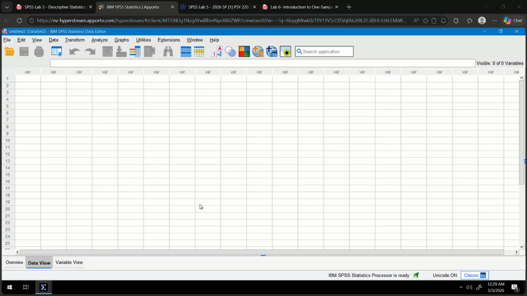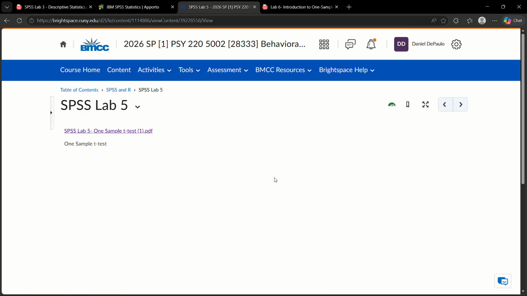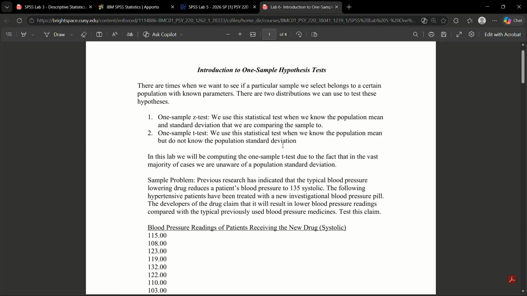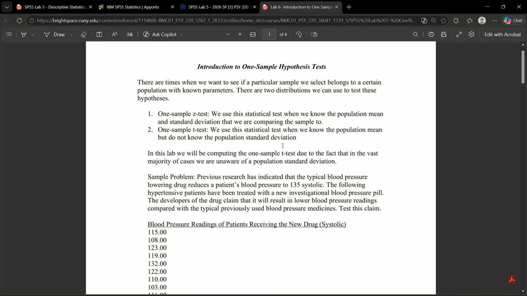And today we're going to be talking about the one sample t-test, SPSS Lab 5. So, how do we do the one sample t-test? Well, we have to differentiate it from the one sample z-test. The one sample z-test can only be used when we're comparing a sample mean to a population mean and we know the population standard deviation.